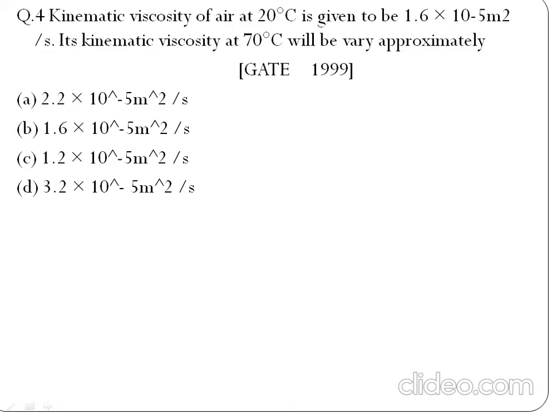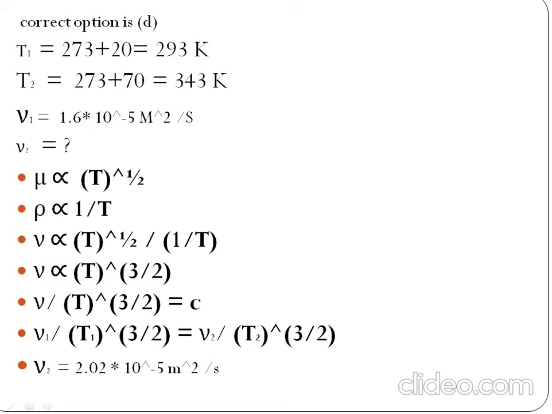So correct answer is option D, because here T1 is 293 Kelvin, T2 is 343 Kelvin, and nu1 is 1.6 into 10 to the power minus 5 meter square per second, and nu2 is unknown. We know dynamic viscosity is directly proportional to T to the power 1 by 2, and density is inversely proportional to temperature.